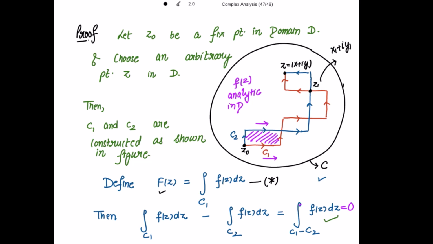Please note that the value of the integral from z0 to z1 along C1, that is along the red color line, is the same as the value of the integral from z0 to z1 along this blue colored line, that is along C2. So the values of the integrals are the same along C1 and C2. These two are the same from the point z0 to z1, right?